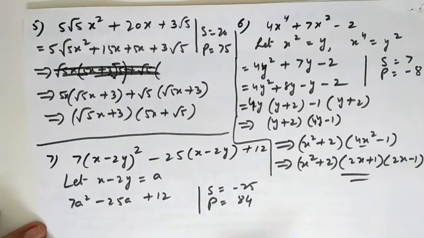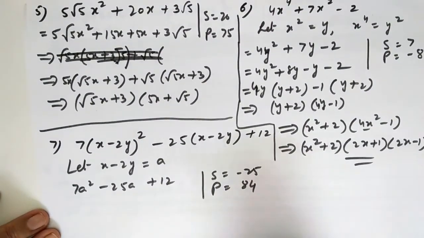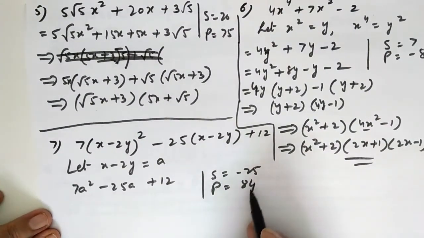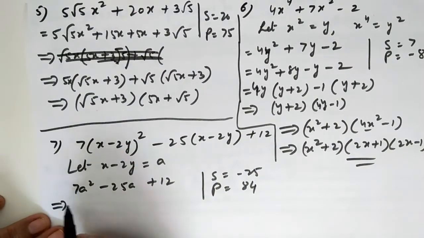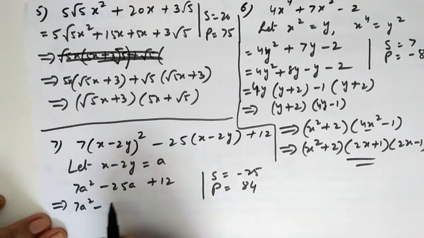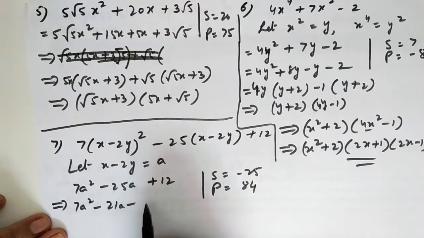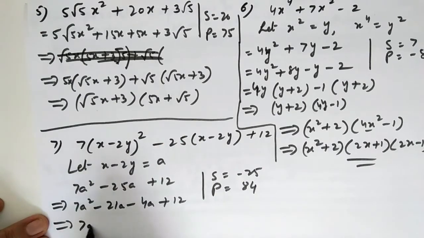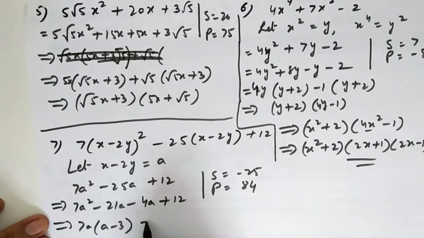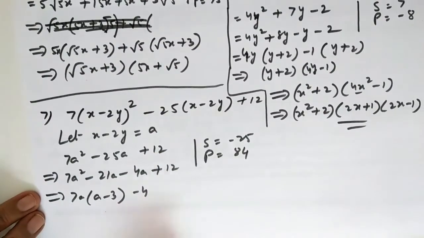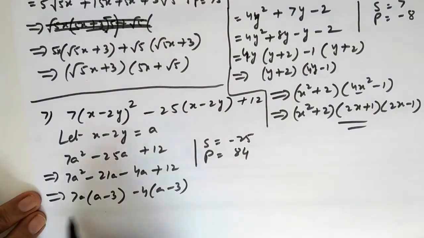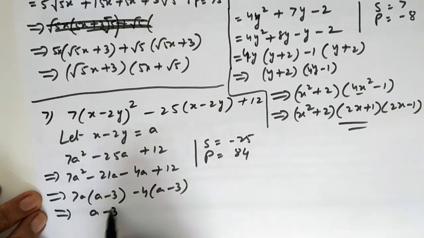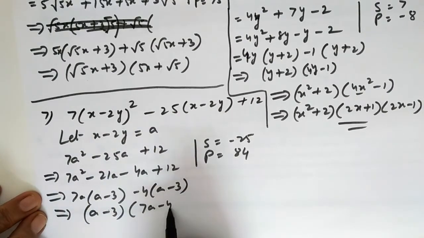Product of two negative terms is positive. तो हमारे को दो नंबर लेने हैं, 25 को स्प्लिट करिए, minus 21 and minus 4. So this will be 7a square minus 21a minus 4a plus 12. 7a common, a minus 3, minus 4 common, a minus 3. This is a minus 3, 7a minus 4.